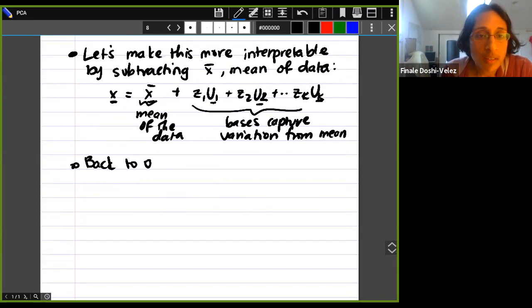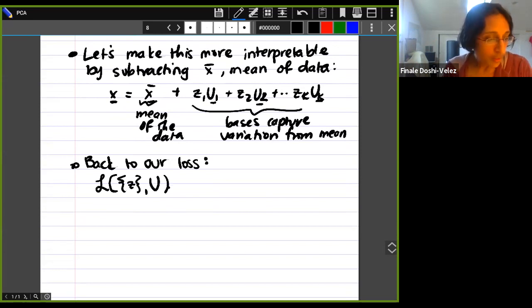Let's stick all this stuff into our loss. Back to our loss. So we have the loss, which depends on all of the z's and this u.